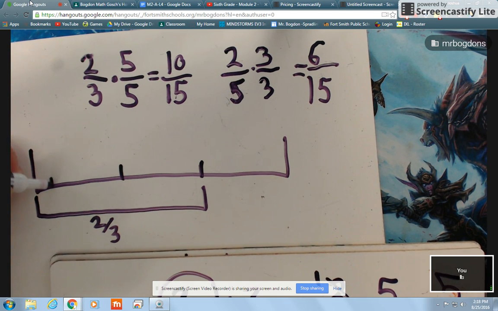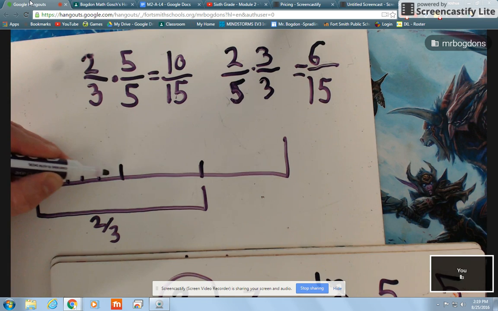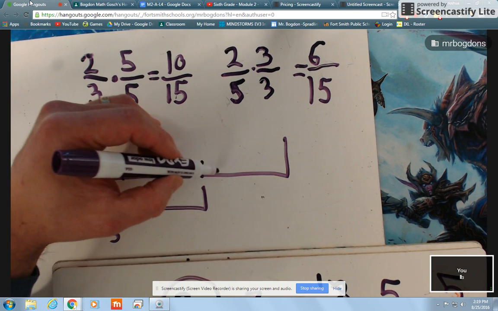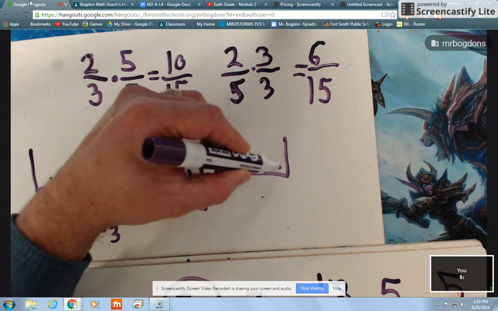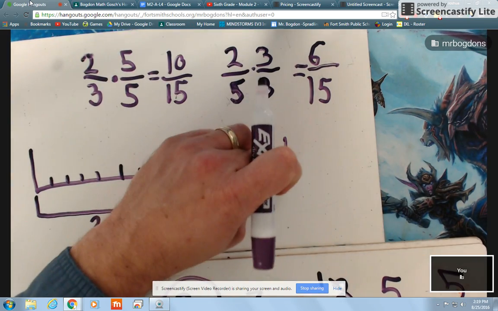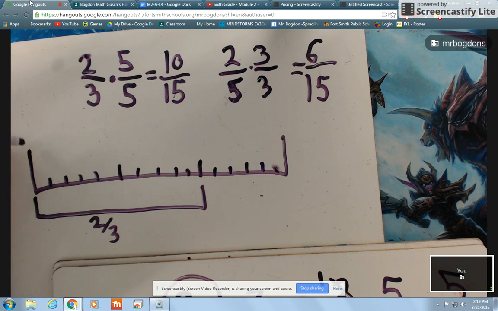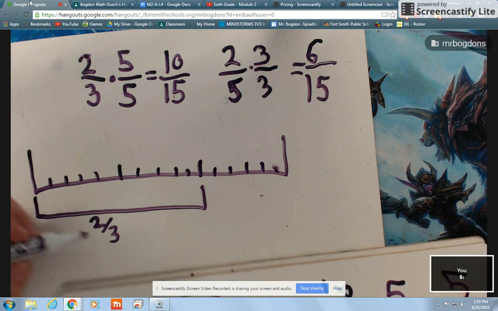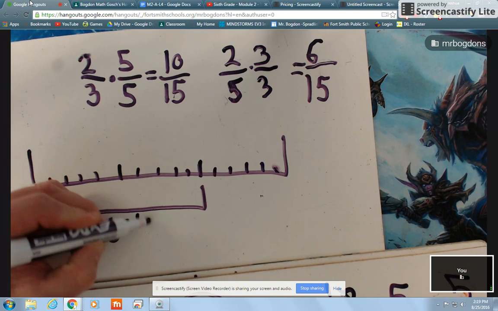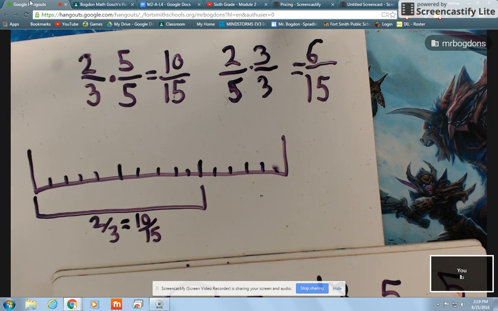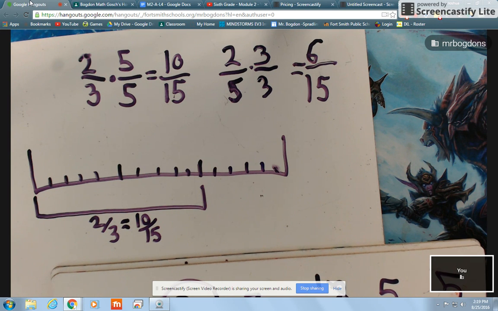So here I'll have 1, 2, 3, 4, 5, 6, 7, 8, 9, 10, 11, 12, 13, 14, 15. Oops. 15. So here that should be equal to 10/15ths. Right?